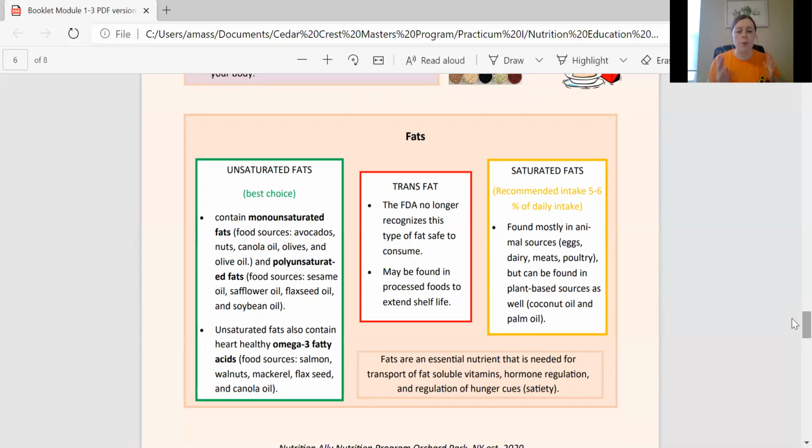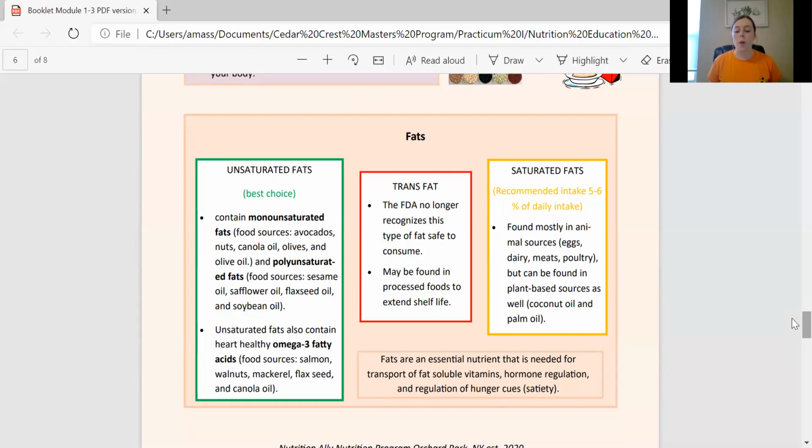So the monounsaturated fats are going to be things like avocados, nuts, canola oil, olive oil, and that's where you're going to get your omega-3 fatty acids from. And as you probably know, omega-3 fatty acids are considered heart healthy.